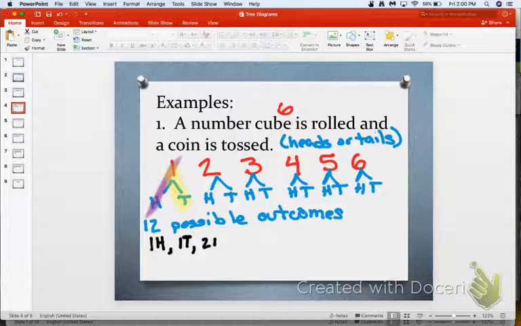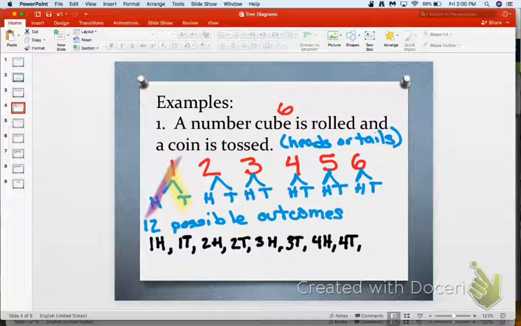And then I could get a 2 and a head, a 2 and a tails, a 3 and a head, a 3 and a tails, a 4 and a head. And you can see I'm writing them all out. And I only have to do this whenever it asks for me to write the list of possible outcomes. So there's my list of possible outcomes.